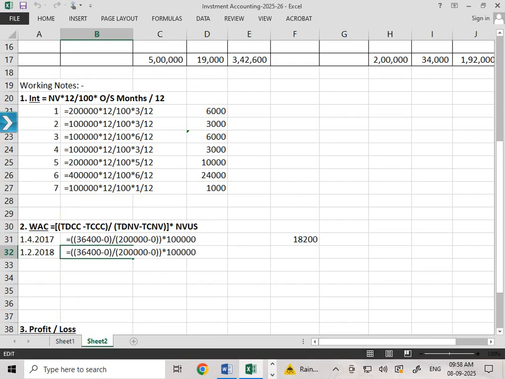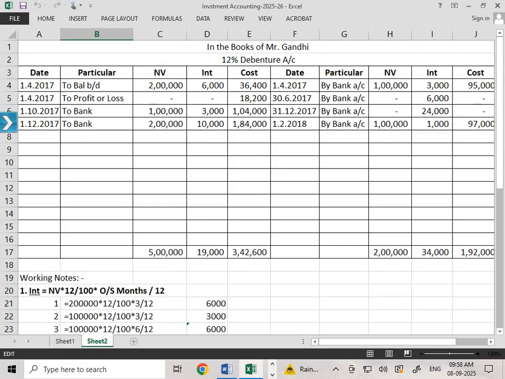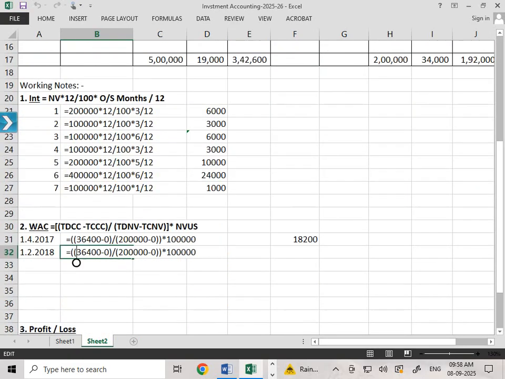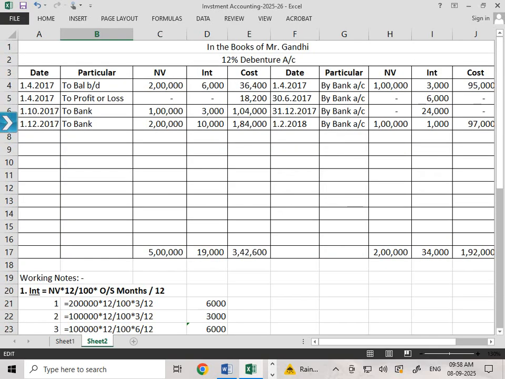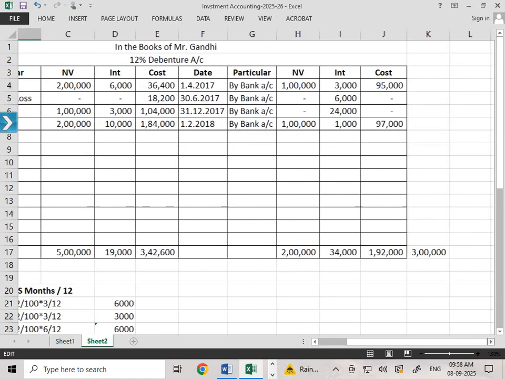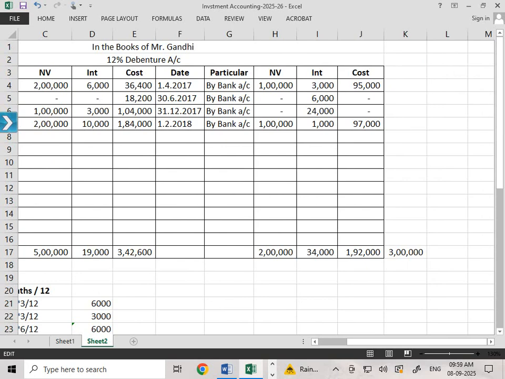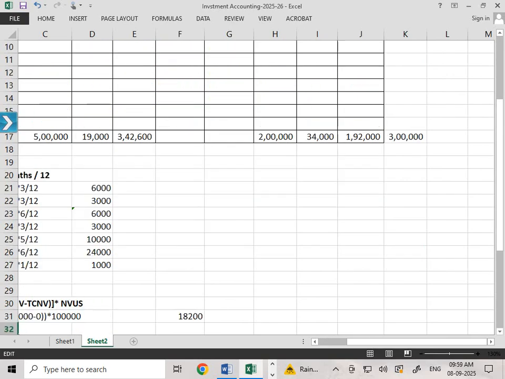Total debit side of cost column, 3,42,600, minus total credit side of cost column excluding this transaction. Total credit side of cost column is how much? 95,000 only.